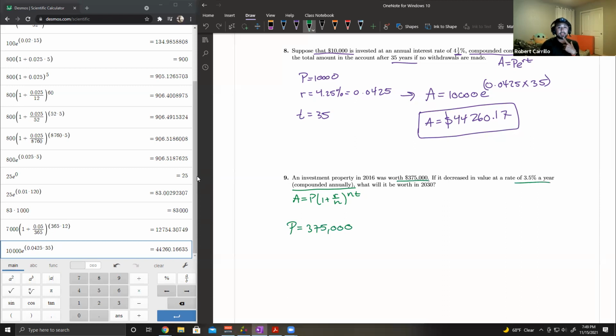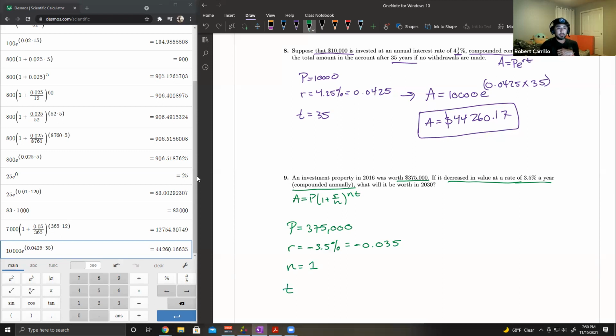We decrease in value at 3.5%. So this is going to be negative 3.5% because we are decreasing. So that'll be negative 0.035. And then we are compounding annually. So N is 1.